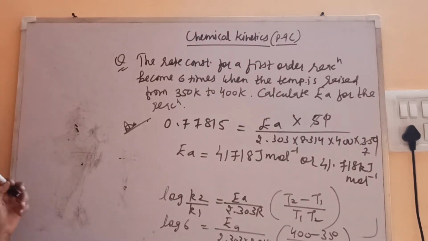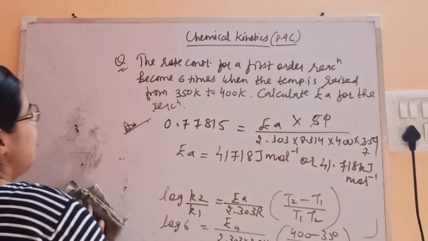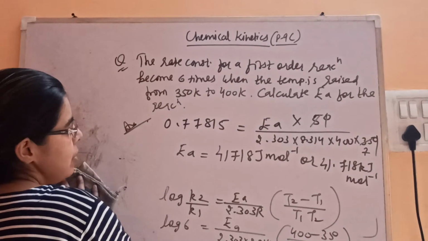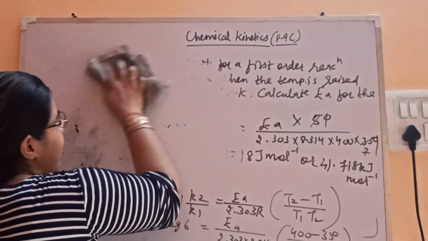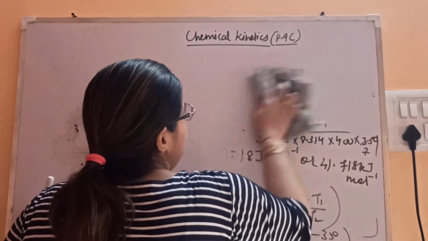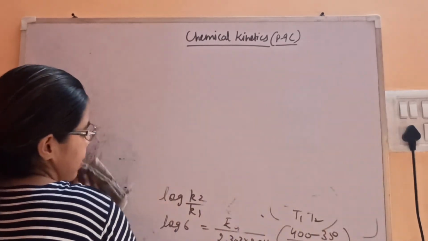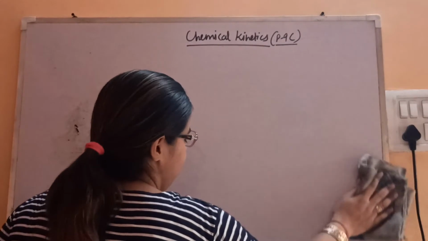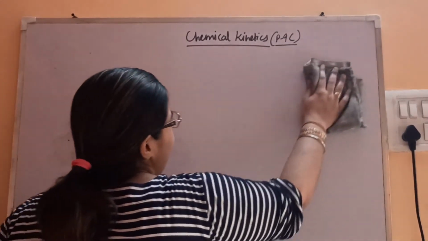So in this way you have to solve the numericals. It's very simple. Whatever the times is given, only that log you have to take here. So you can solve any numerical based on this formula. Only the calculation part is a little bit complicated.